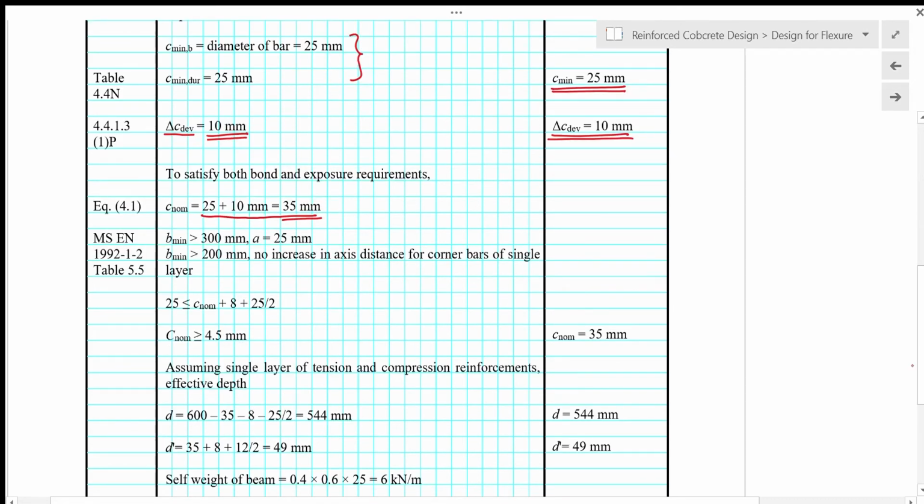And then for fire resistance of 1 hour, we refer to Eurocode 2 Part 1-2 Table 5.5. So in our design, we are using the width of 400 mm.